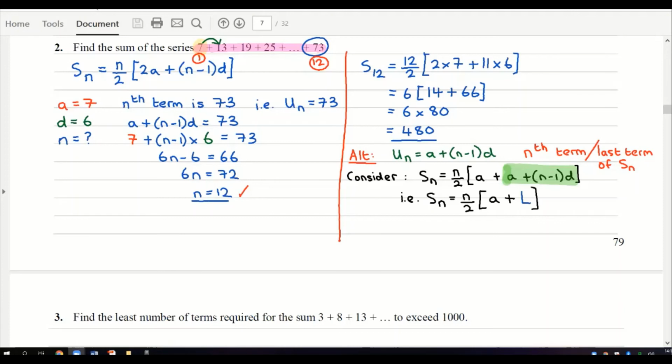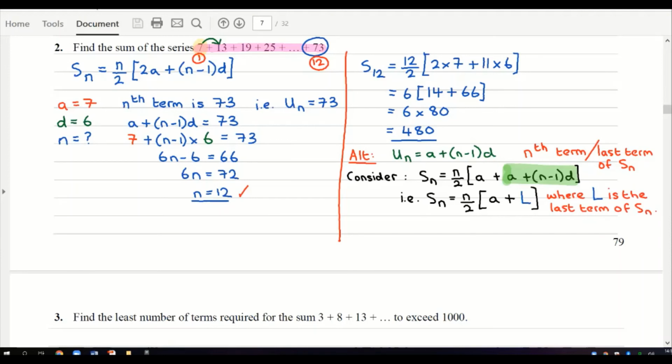Okay, and I'm just going to make a note of that, where big capital L is the last term of the series.